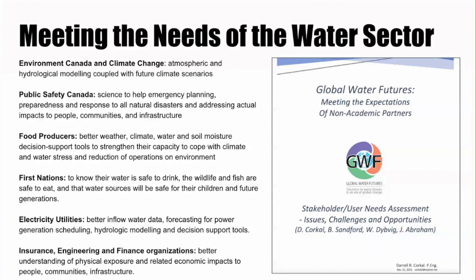It helps ground the research in the needs of the different water sector players: federal, provincial, and municipal governments, also end users like food producers, First Nations communities, utilities, or other industries like mining, oil and gas, insurance, engineering, and financing, which are increasingly looking to science to help answer questions related to flood and drought risk, and how that affects the algorithms for insurance payouts and things like that.